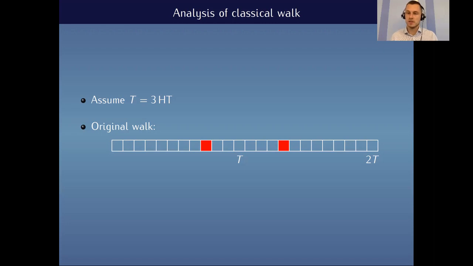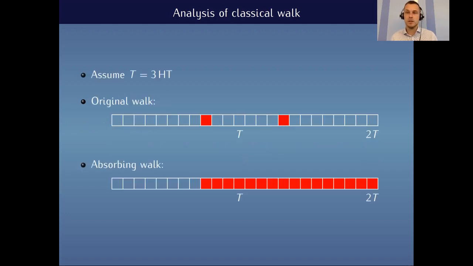So at steps t and 2t, we are at unmarked states with high probability. And a realization of the random walk can be illustrated like this, with empty boxes meaning that at the respective step we are at an unmarked state, and the red boxes signifying the steps when we are at a marked one.